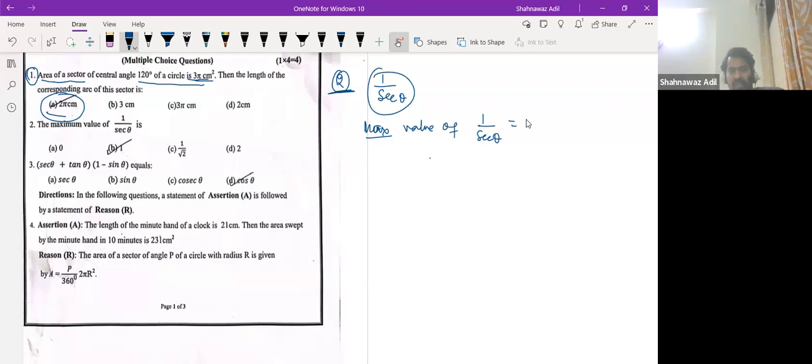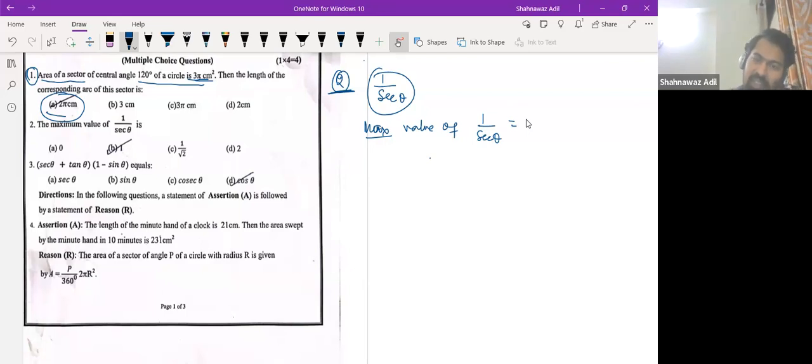Yes, guys. What do you guys think? What would be the maximum value of 1 by sec theta? 1. 1.